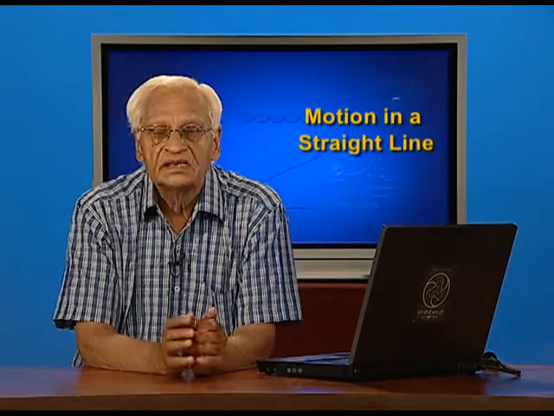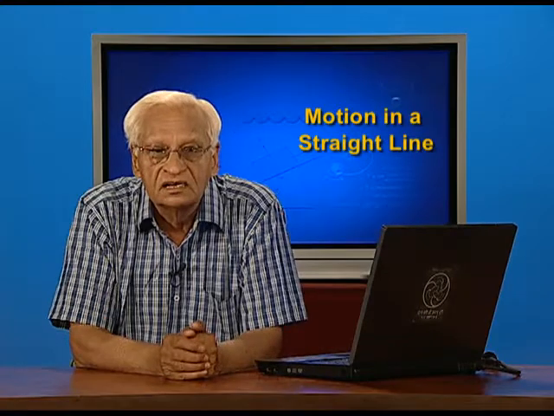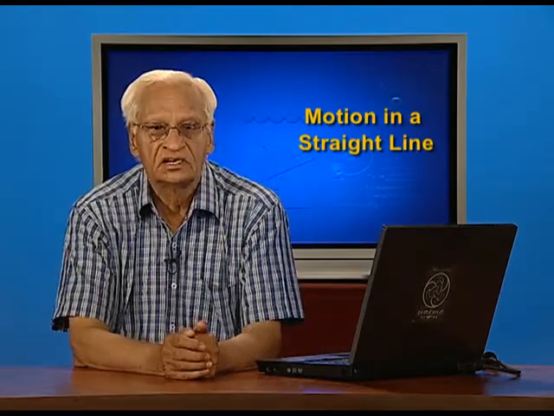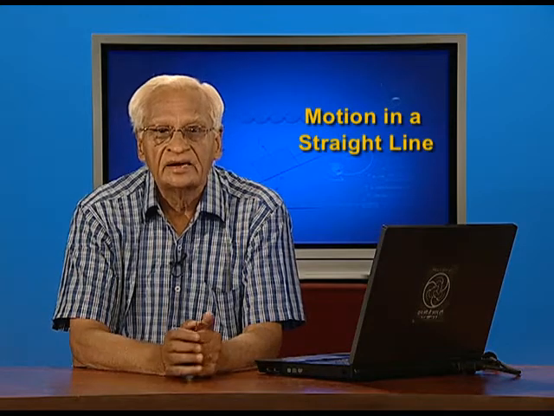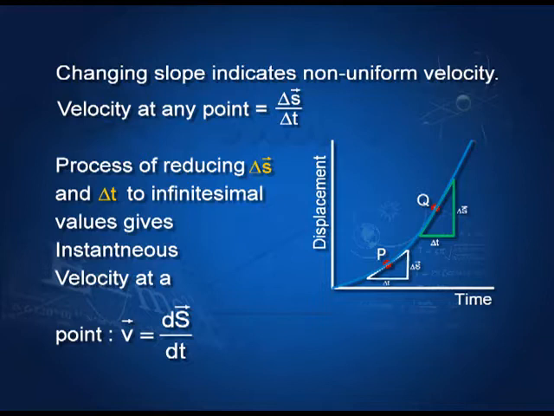This means that the velocity is changing, it is not constant. If the velocity is not constant, then we have to define what is known as instantaneous velocity at a point, and that is defined as vector v is equal to the differentiation of vector s, that is ds by dt.